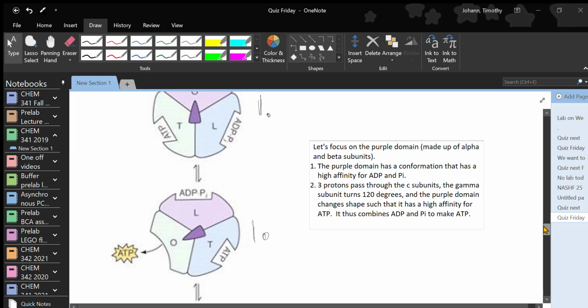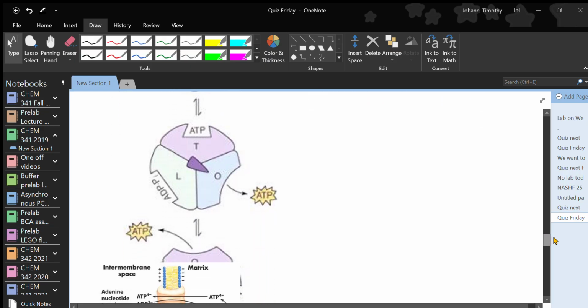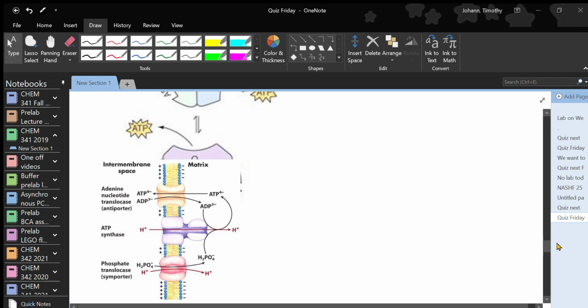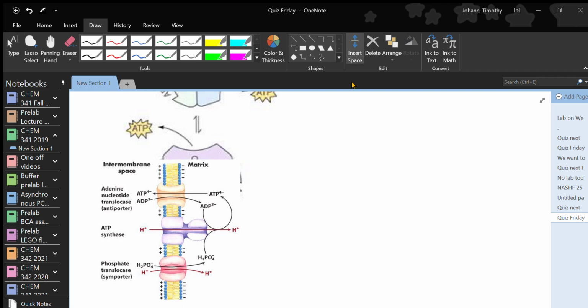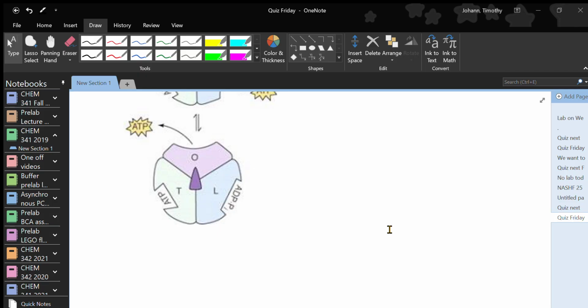Okay? I don't want to hold you guys over anymore, so I'm going to describe the last bit here, and then I'll finish writing it up for the post-it notes. For the last bit here, this would be 3. What's happening here is that it turns another 120 degrees, and this, what I originally called 1, has a low affinity for ATP, and so it releases the ATP it just made.